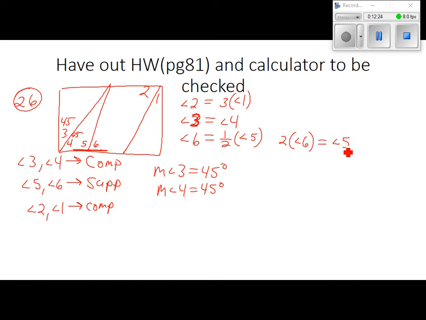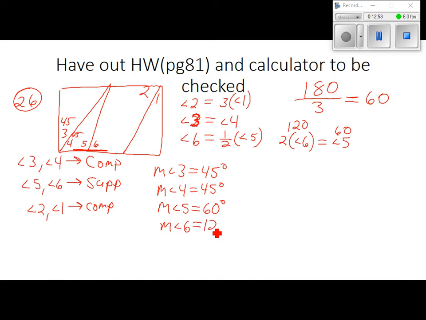I used ratio, so I divided it by 3, and then 2 gives us 6 and 1 is 5. So what Miranda's saying is you have 180 divided by 3, what's that give you? 60. So angle 5 is how much? 60. 2 times that is how much? So the measure of angle 5 is 60 degrees. The measure of angle 6 is 120 degrees.